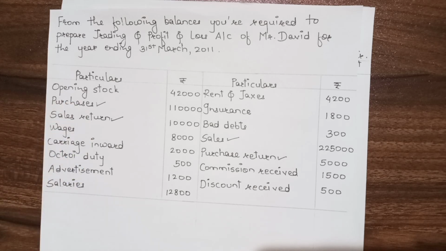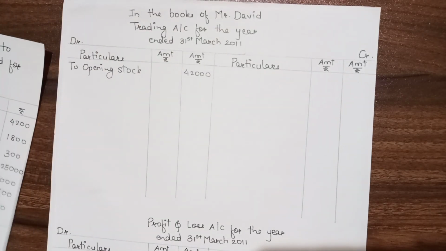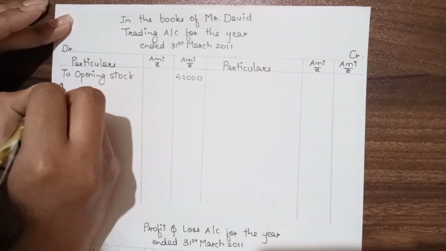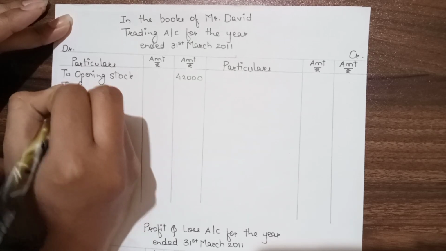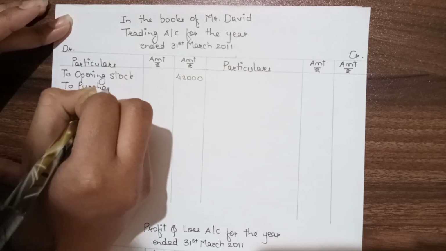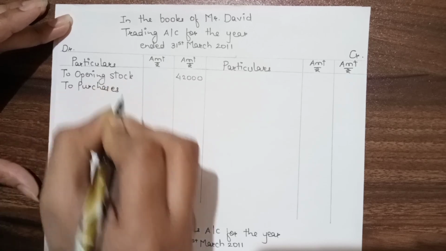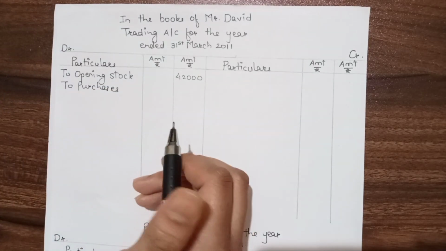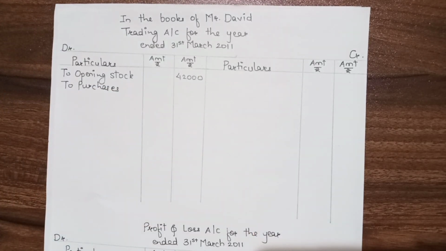So purchases has an adjustment. First we will write the item, to purchases. We are going to write down the amount in the inner column because we have to write the final amount in the outer column after we are done solving the adjustment on it.